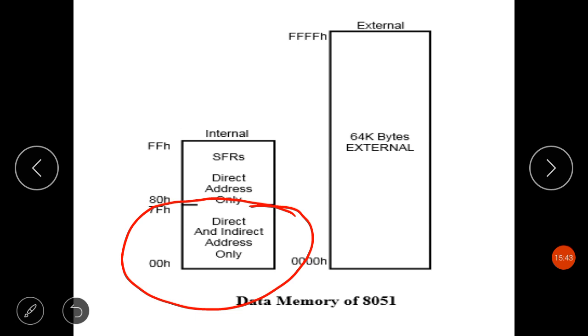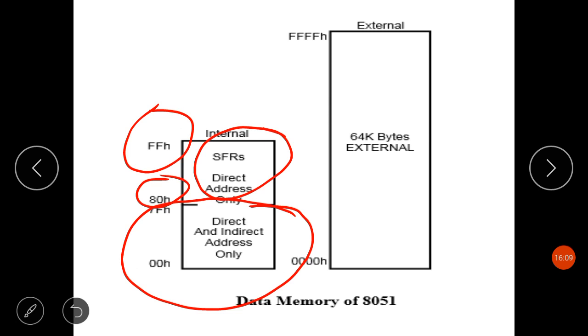Now, above 7FH, that is the upper 128 bytes, addresses from 80H to FFH, is allocated for special function registers. When I was discussing the program status word, I told you that the 8051 microcontroller has a set of special function registers, and program status word is among them. I'll be discussing the special function registers more clearly when I discuss the architecture part.